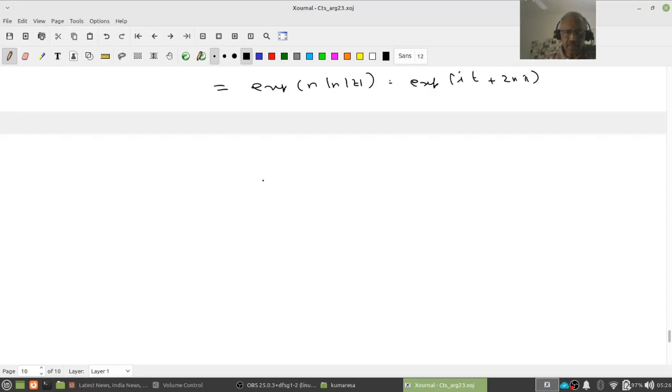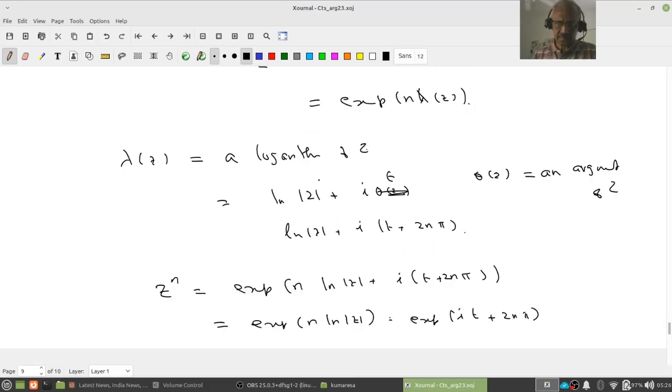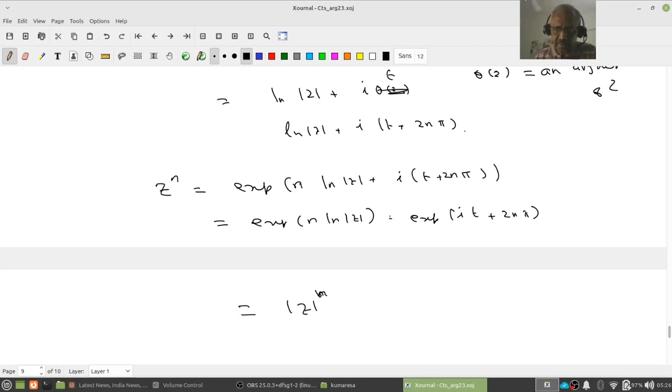But this is going to be mod z power n, into, there is also an n, I forgot, this is n times the whole thing, I am sorry, n times the whole thing.